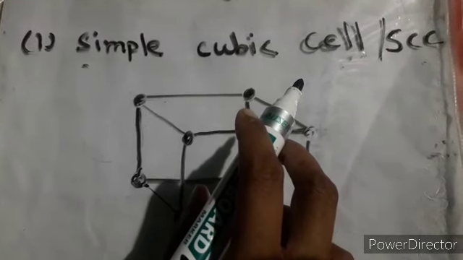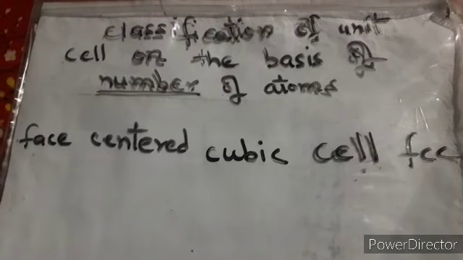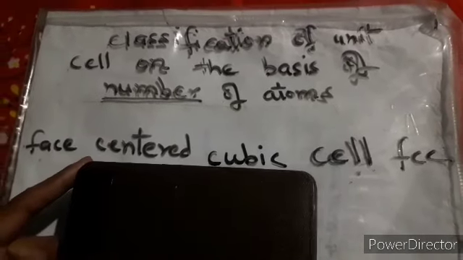Now the next one is the face centered cubic cell. I am just putting this object, and I think you must be clear with the object now, right? Now how can you judge where the particles are attached?